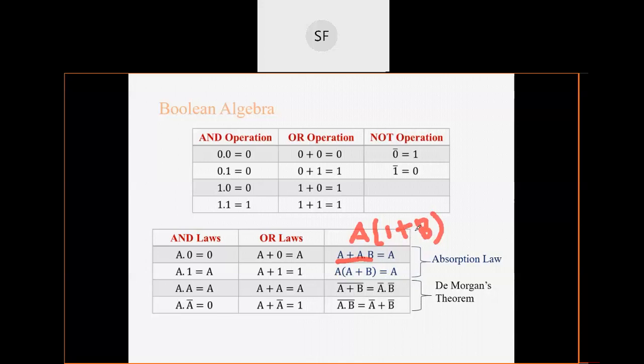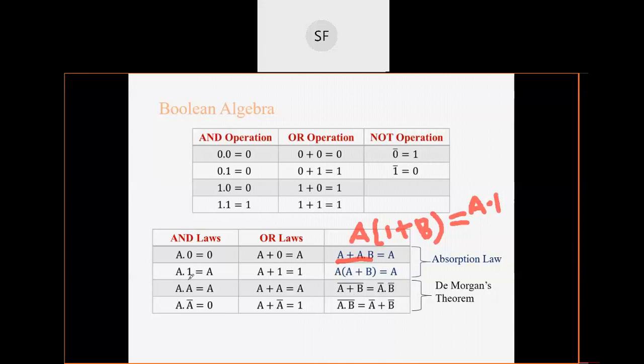And what we know about the OR gate is that if any one input is high, then the output will be high. So obviously 1 is already there, which means whatever the value of B, you will get the output as 1. So it becomes A dot, that is the AND operation, 1.